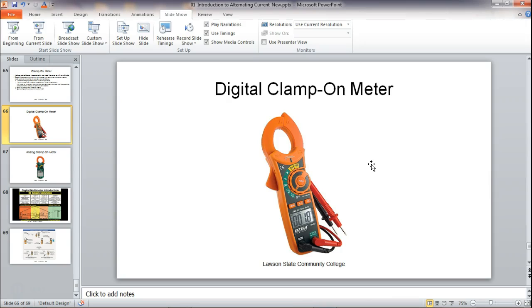Now you'll have problems in AC and DC. But in those classes, we don't want you to buy 2 meters, because these meters are not expensive. In DC we'll furnish the meter. When you get into AC, you're going to be required to have a meter. You're going to be required to have a meter in motor controls and in solid state.